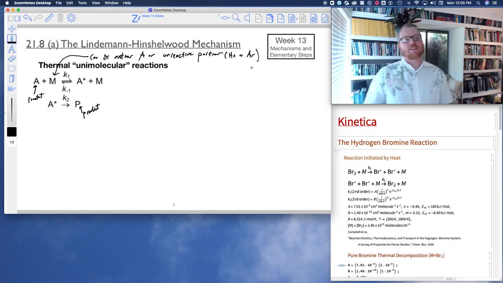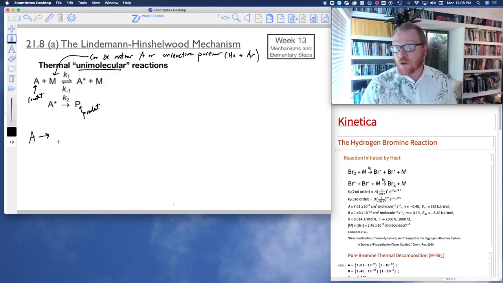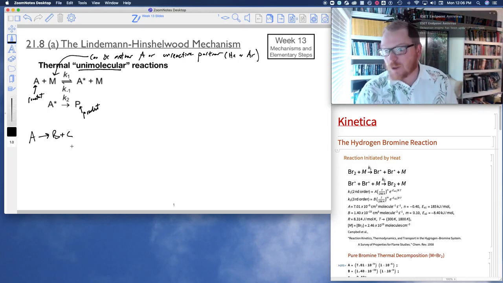In this mechanism, this describes the thermal unimolecular decomposition of something unstable. What Lindemann and Hinshelwood worked out was, if we have some reaction that appears to be a first order decomposition, for example, perhaps A undergoes some thermal decomposition into B plus C, something like that.